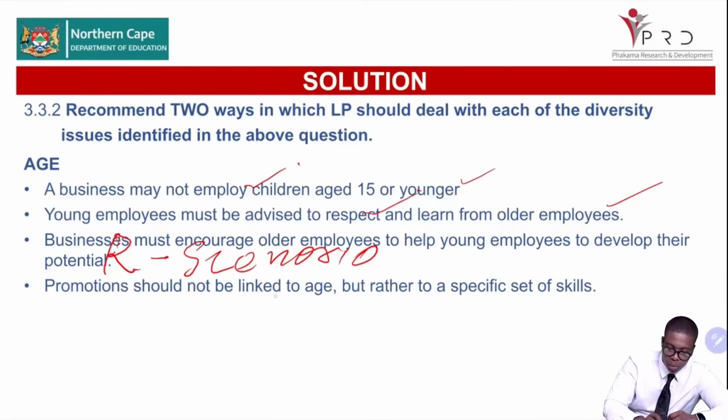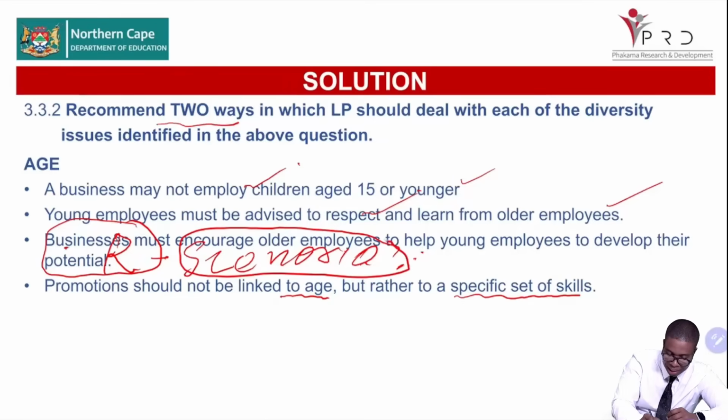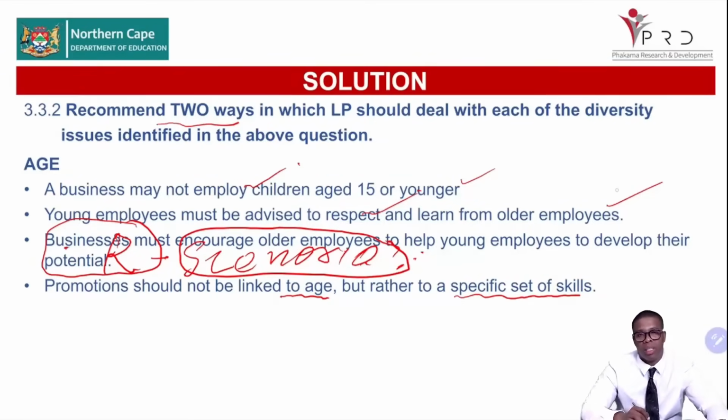Also, promotions should not be linked to age, but rather to a specific set of skills. So if information that you are using to recommend is there in the scenario, it will not be marked. It will be called a repetition, because we saw it in the scenario and you obtained 1 mark for motivation.